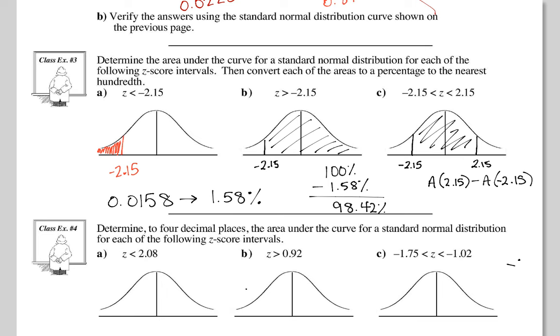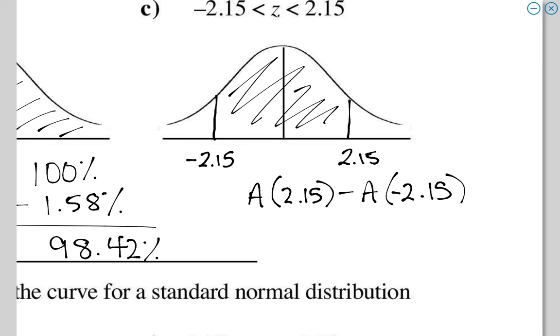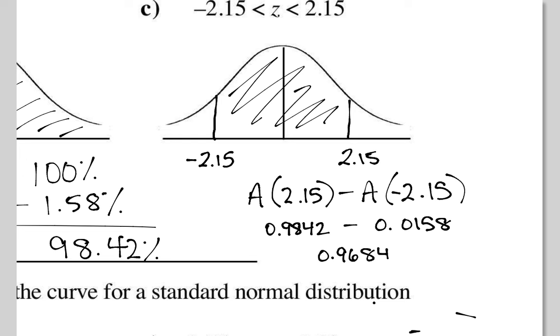I'm going to zoom in on this. The chart tells me 2.15 is 0.9842, and for negative 2.15, 0.0158. Subtract those guys. So it's 96.84%.